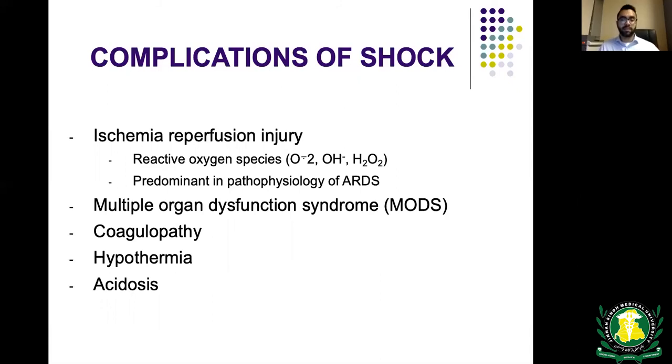And that happens because those same cells, which are primed now, will produce excess amounts of these reactive oxygen species or free oxygen radicals. Some of the most damaging ones are superoxide, hydroxyl radical, and hydrogen peroxide. And it's not an all or none principle.